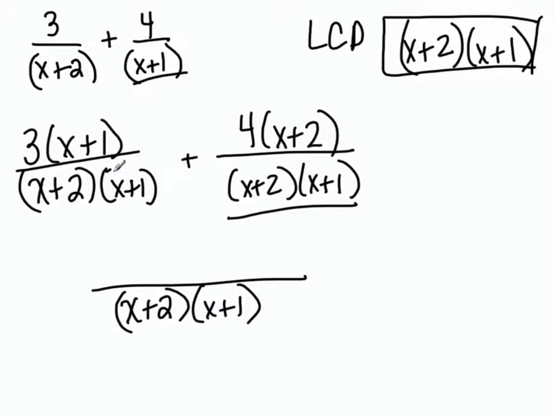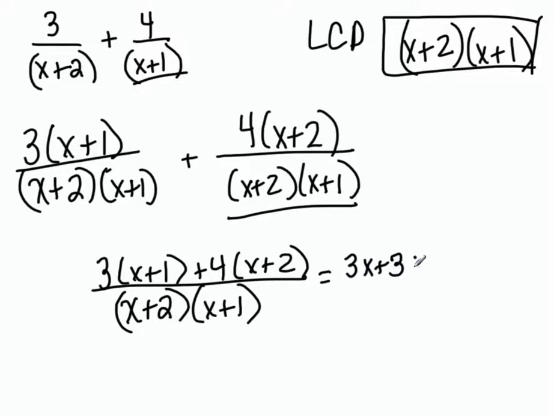What would happen up here? I would put these together. Watch. 3 times x plus 1 plus 4 times x plus 2 equals 3x plus 3 plus 4x plus 8.